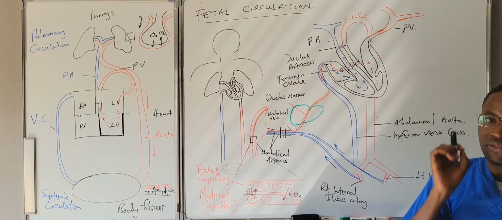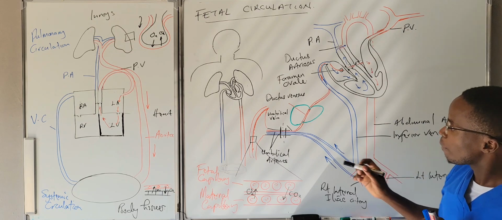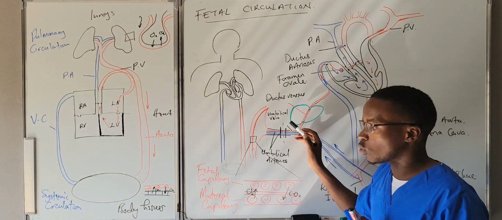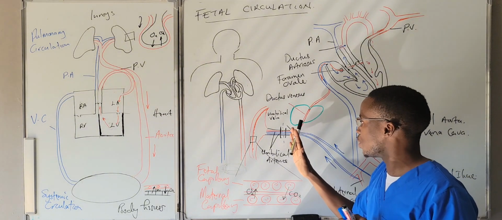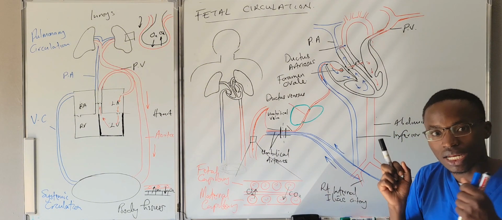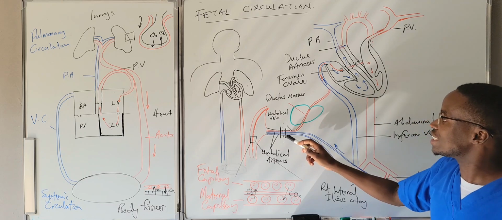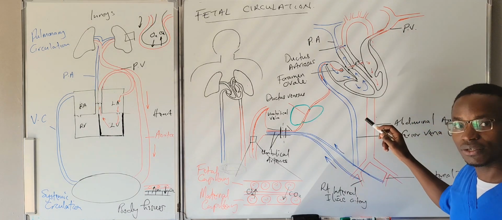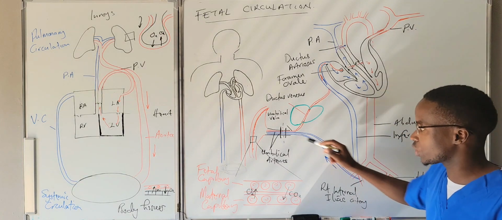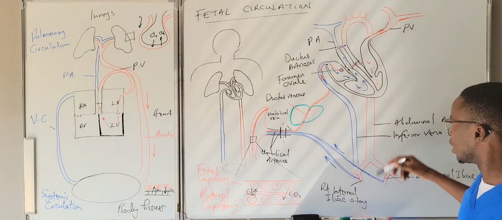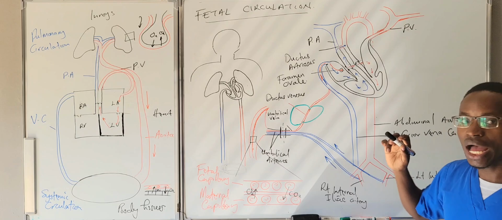The other thing that happens is that because the umbilical arteries are now obliterated, now closed, it means that there is now a resistance in the arterial circulation, in these umbilical arteries, even in the aorta, and so on.